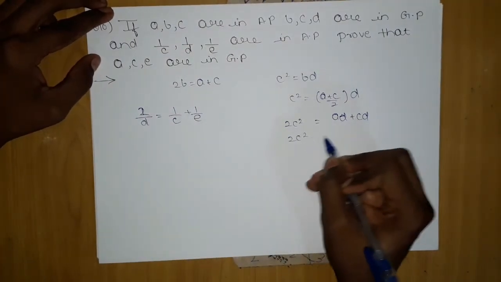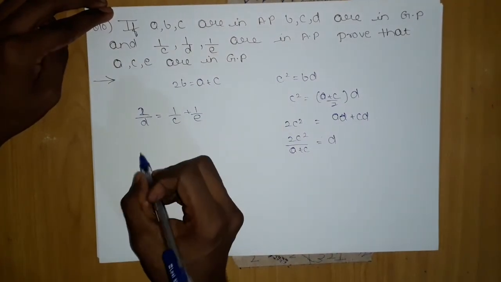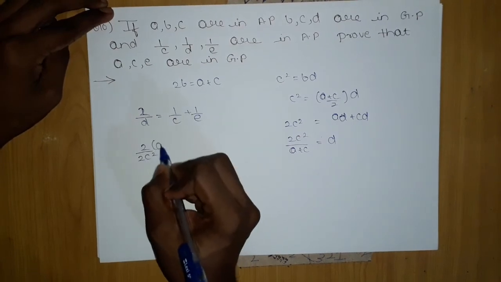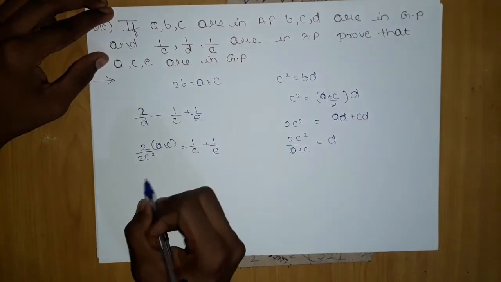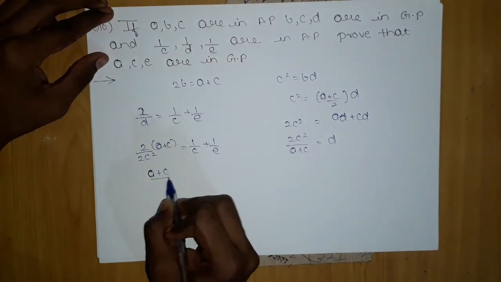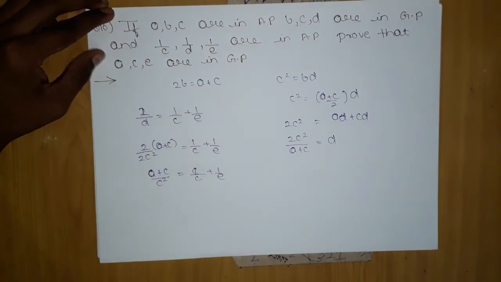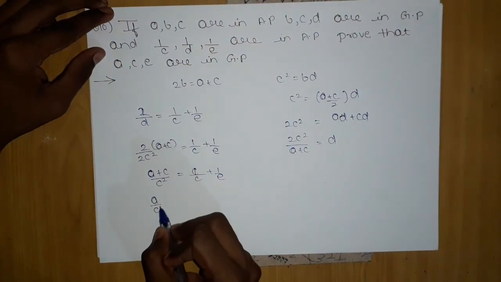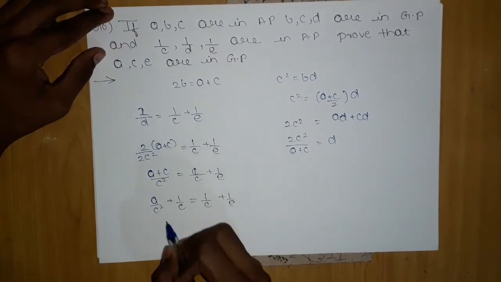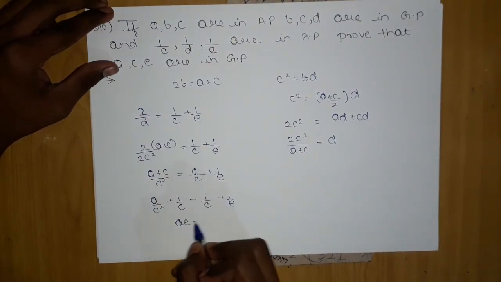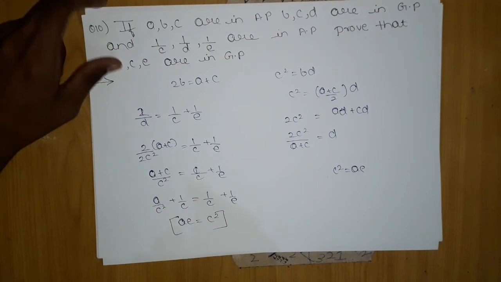So C square upon A plus C should be the value of D. If I put it here, let's see what we get. 2 upon 2C square upon A plus C should be equal to 1 upon C plus 1 upon E. This 2 will cancel out, which will give me AC upon C square, which should be 1 upon C plus 1 upon E. So this will be A by C square, this will be 1 by C, this will be 1 by E. C will cancel out, so AE is equal to C square. So if it is in GP, it should be C, A, E. So we have proved this. So this is our answer.